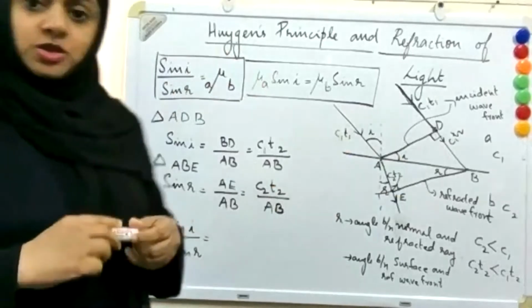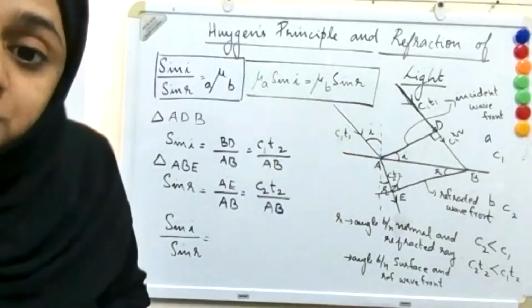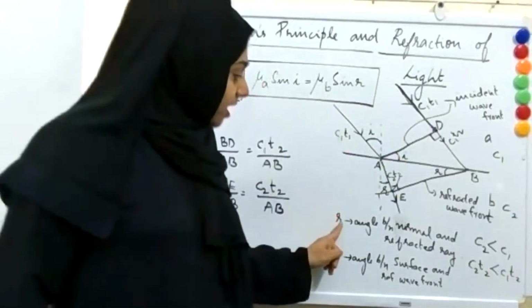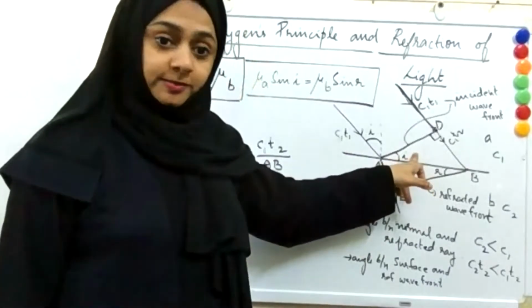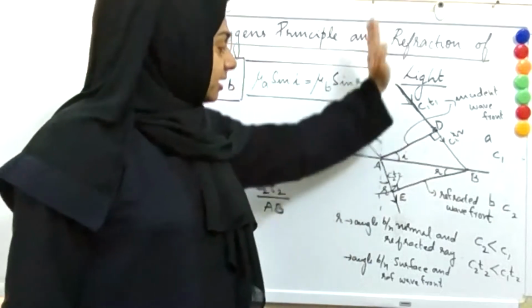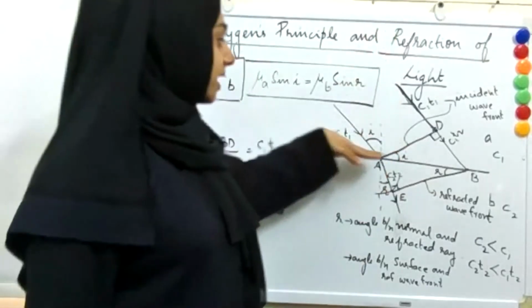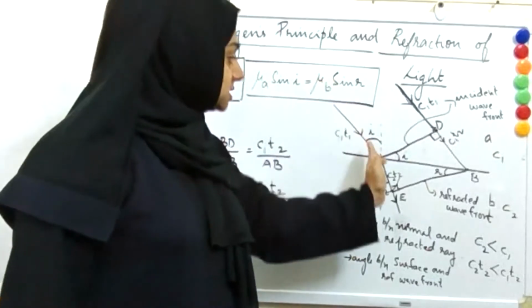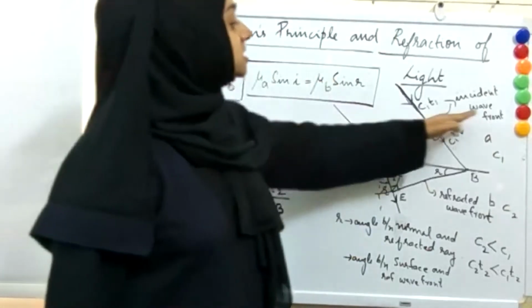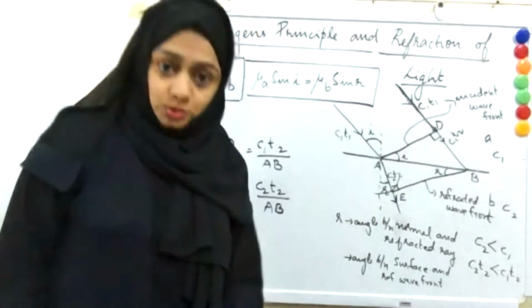Here, I thought you have a confusion why I took R as this angle and I as this angle. I told you that the normal and the surface are perpendicular to each other, and incident ray and the incident wavefront are perpendicular to each other.